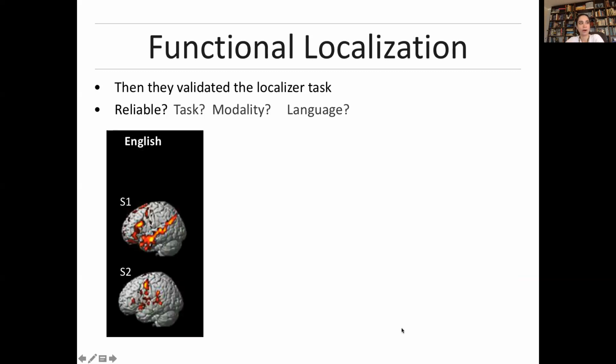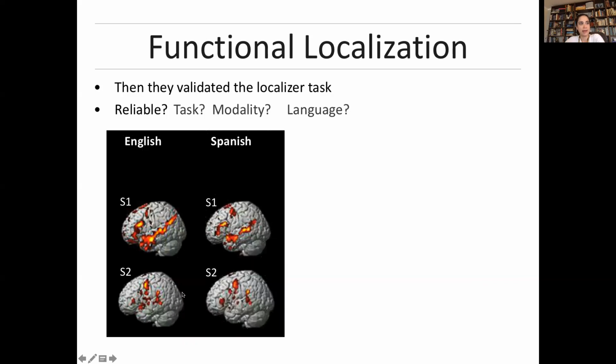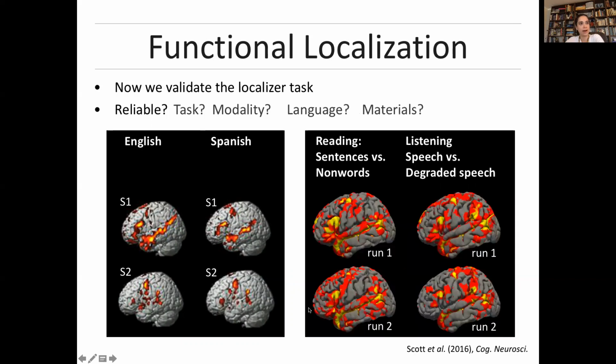So here are individuals who are native English speakers. And then here are individuals who are Spanish speakers. And they found that it's the similar type of activation, no matter what the language and culture.